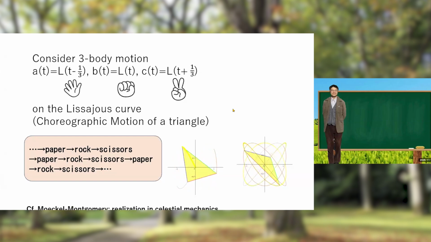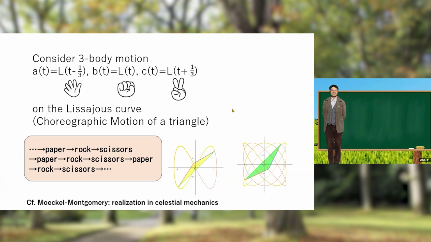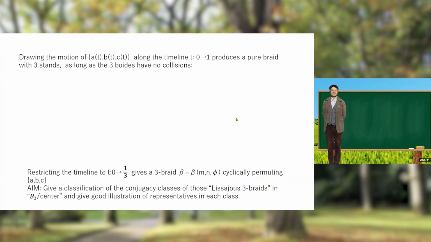The Lissajous curve is rather artificially considered from a mathematical viewpoint, but these are realized in celestial mechanics, and it is a rather famous result by Richard Montgomery. But I don't discuss this aspect today.